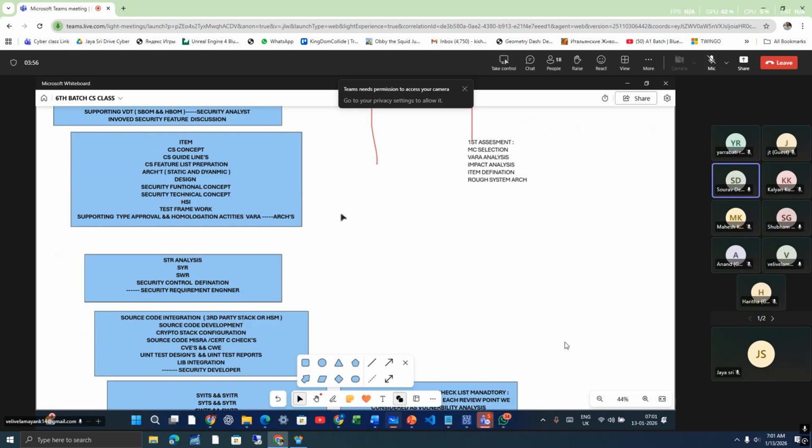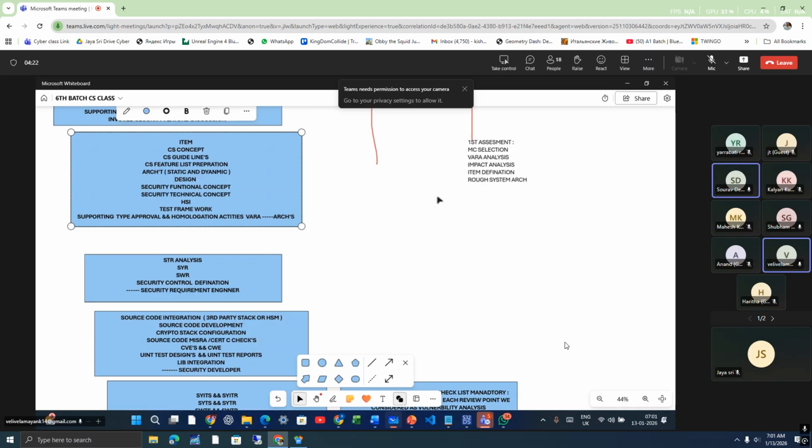So what is the design, Rama? Can you please test framework or which one? Yeah, architecture design you need to do, right? Once architecture is ready, then you need to prepare the design documents also, system design and software design.